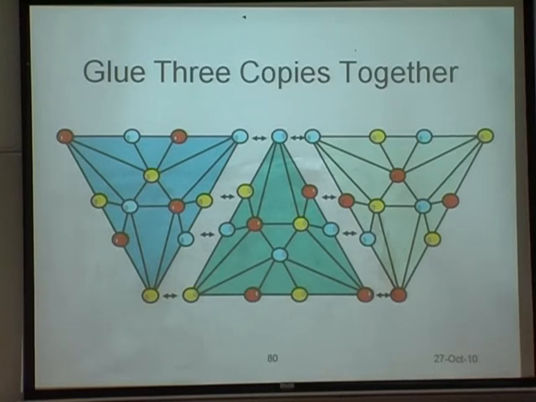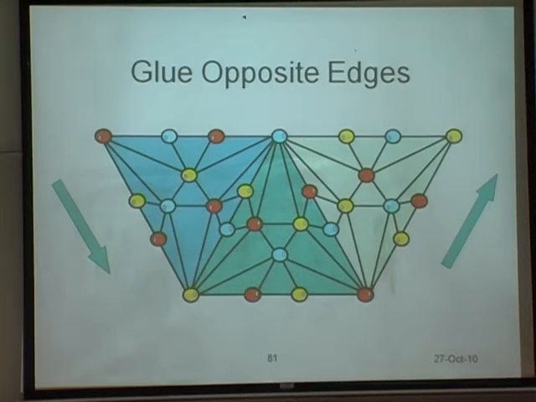So I'm going to build a manifold protocol by taking 3 copies of the standard subdivision. I'm going to glue them together along these edges, and notice that the process IDs are the same along here, so it's okay to identify these edges. Then I'm going to go to the outside edges, and I'm going to glue them together along here.